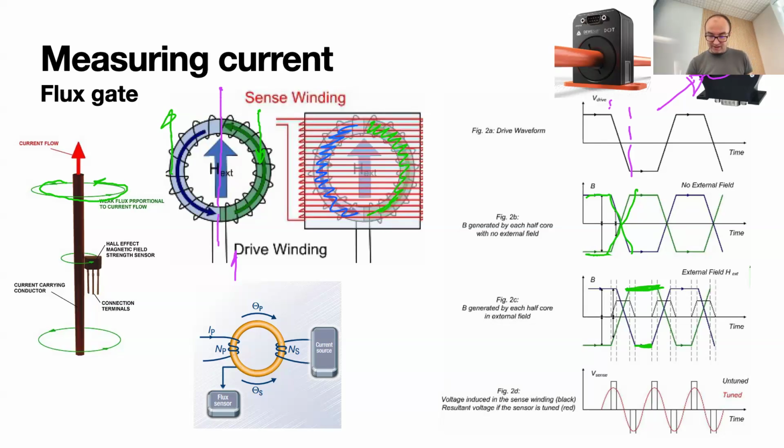And when they cancel out, there will be a residual signal that has a frequency twice as much as the frequency of the current flowing through. There is some electronics that polishes this out and gives us a proper signal at twice the frequency of the current flowing through.